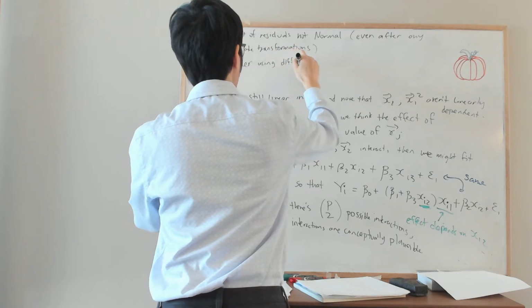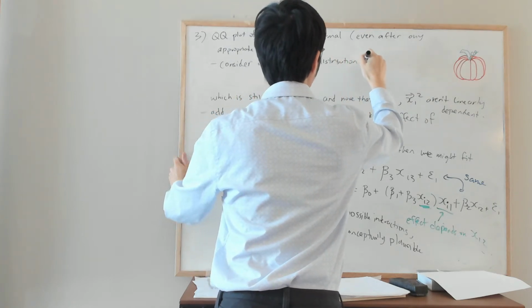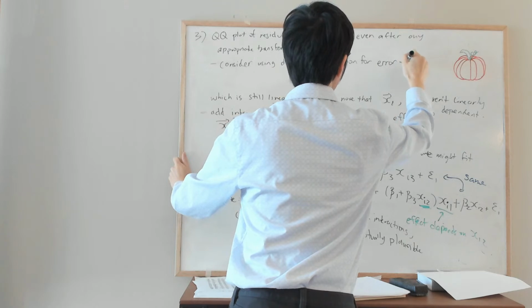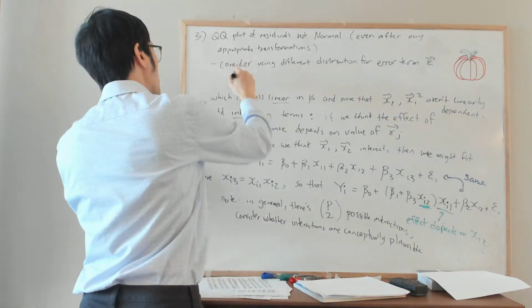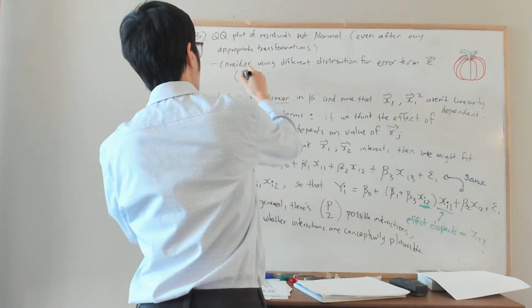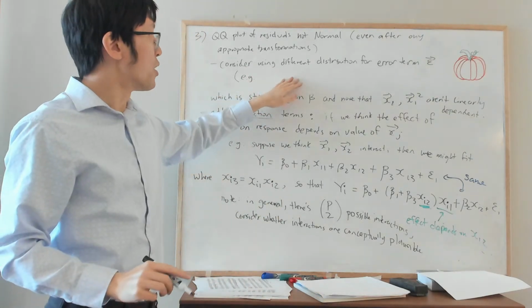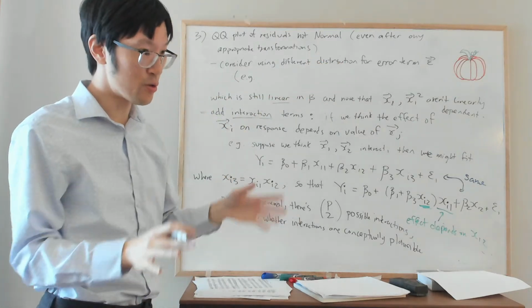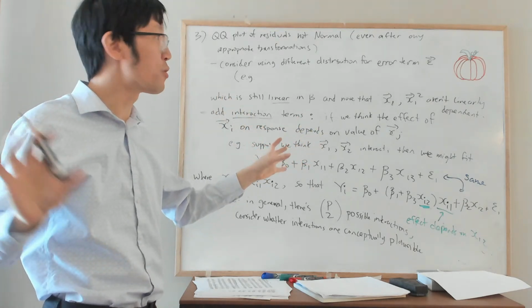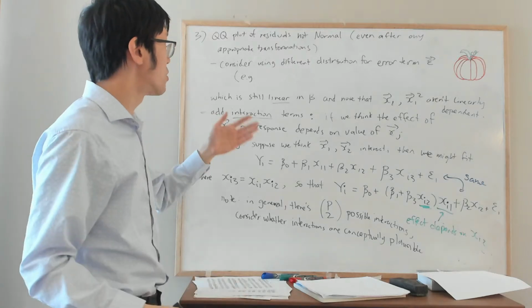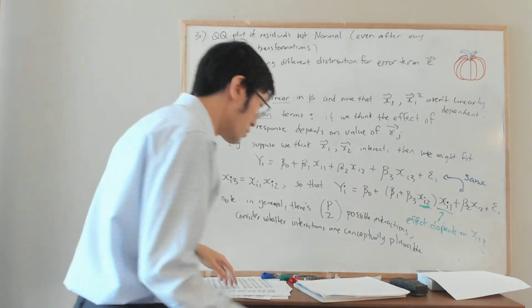So you can consider using a different distribution for the error term epsilon. For example, we saw, if the errors are heavy-tailed, so the residuals are more spread out compared to a normal, in other words, they're more heavy-tailed, we could consider using some sort of a scaled t distribution, because a t distribution has heavier tails, for instance.